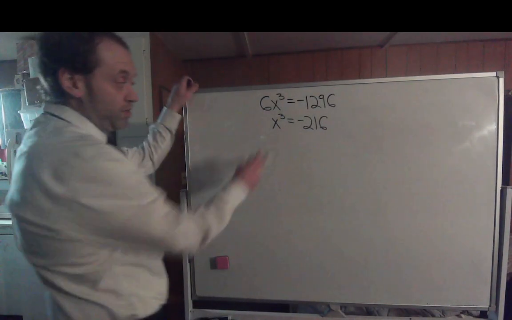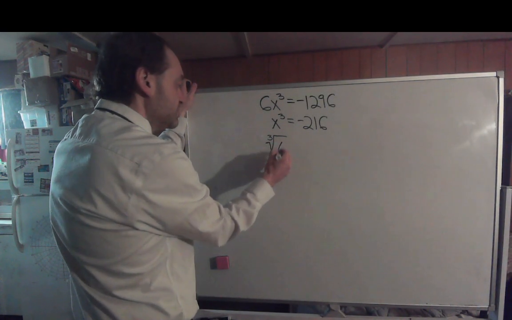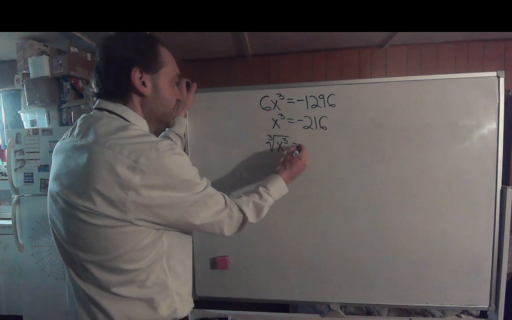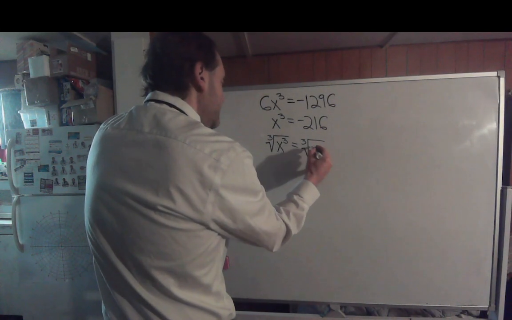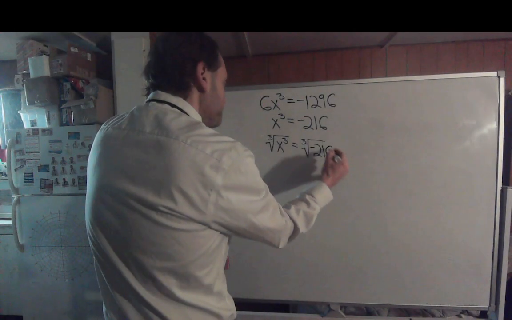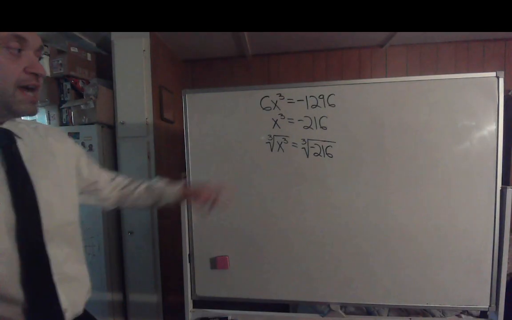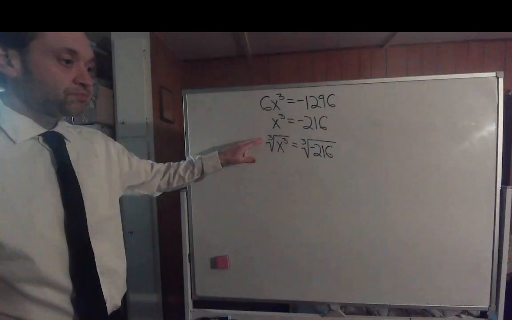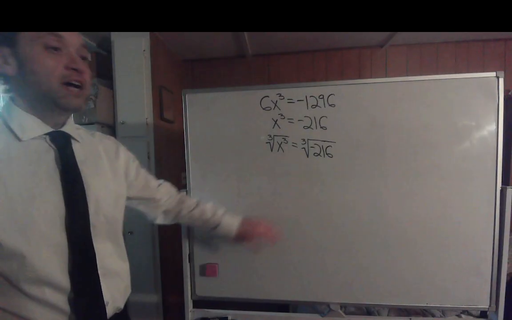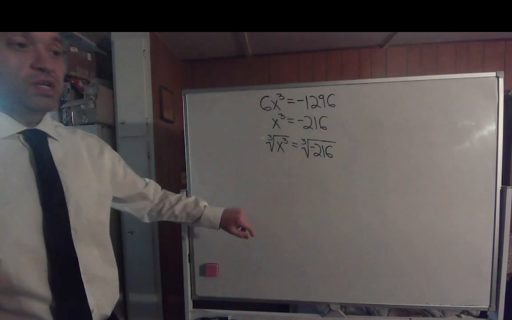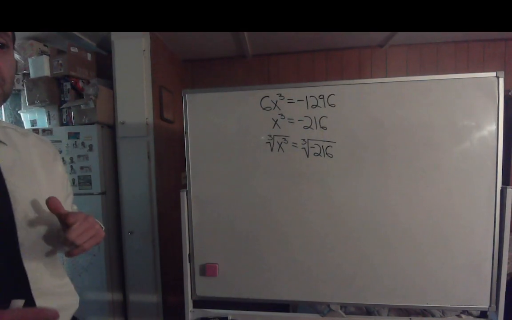Well, in order to get x by itself, you got to take the cube root, right? But you'll have to do it to both sides. So take the cube root of x to the 3rd. That would equal the cube root of negative 216. And again, let's look at this here. You have an odd powered root, which means any real number will work under the radical. You'll have exactly one real solution. Now you would have 2 imaginary solutions also, but we only care about the real solutions right now.